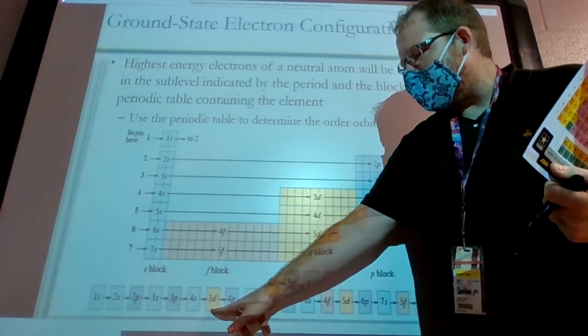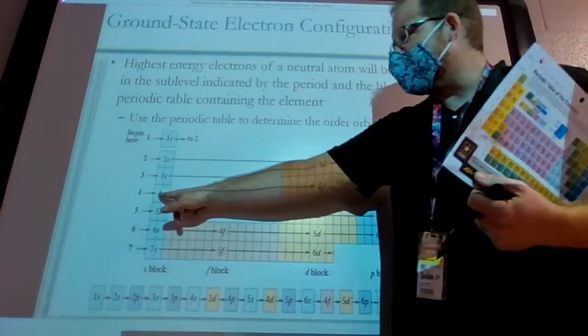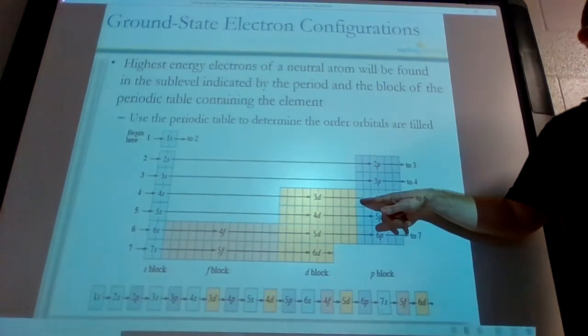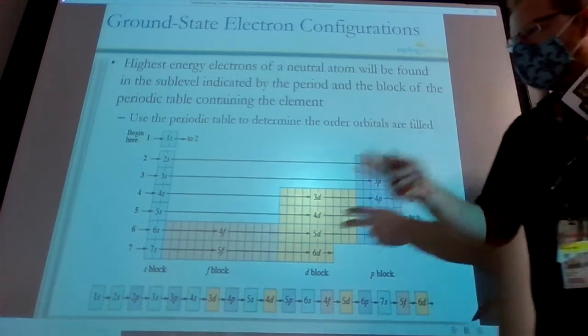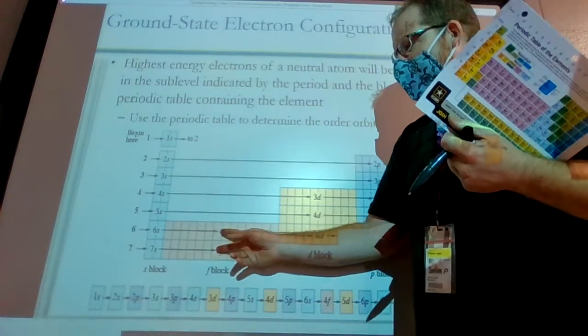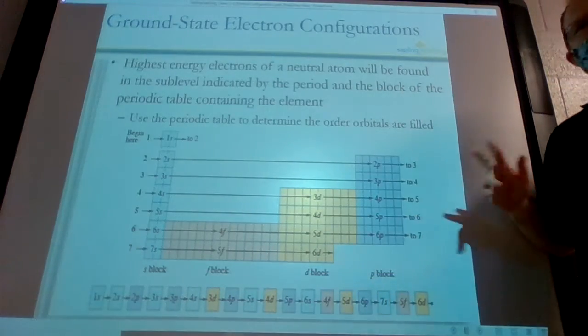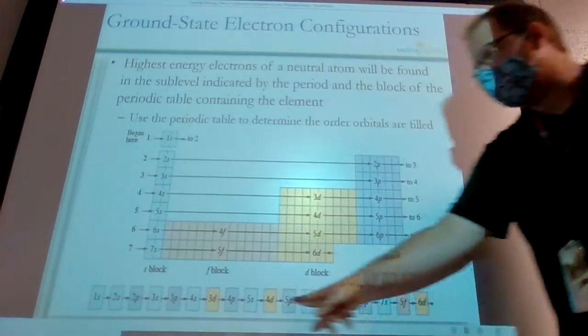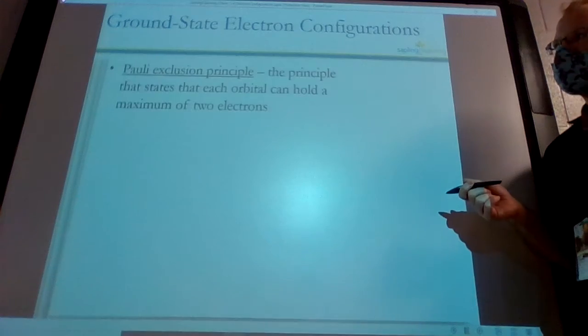So notice the 3D is in between 4S and 4P, which doesn't really make sense, but if you come over 4S, you actually get 3D because the Ds are shifted up one. Same thing with the Fs. The Fs are in row 6 and 7, but they're 4 and 5. And so that helps you go through this progression all the way until you get where you need to go.